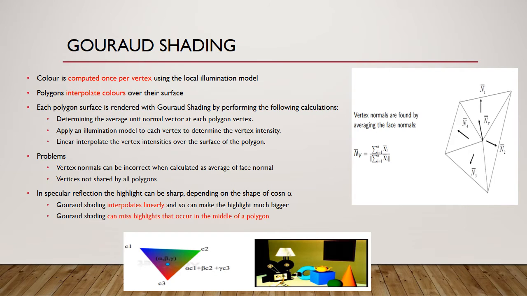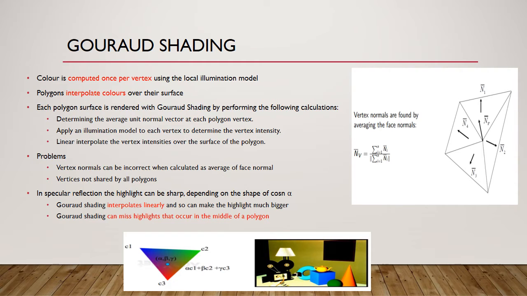Now coming to Gouraud shading, the color or the illumination is calculated per vertex. And how is it calculated? You take the normals of each polygon face and average the normals at the vertex, for all the faces sharing the common vertex, and that vertex illumination is computed and applied throughout the surface by the interpolation method.